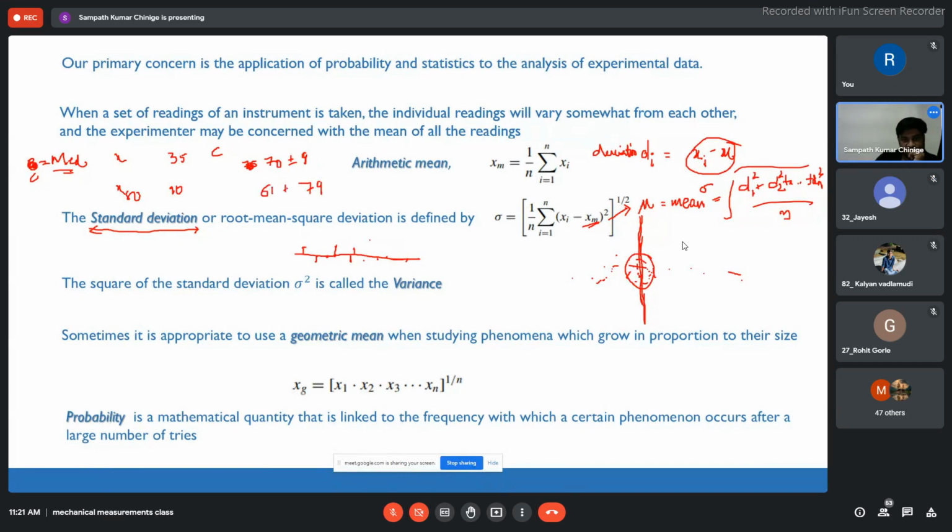So 61 to 79, my grade is C. Median plus or minus 1 sigma is my C. Anything greater than this, if you add another 9, it comes to around 88. That is my B, in between these two. Likewise.